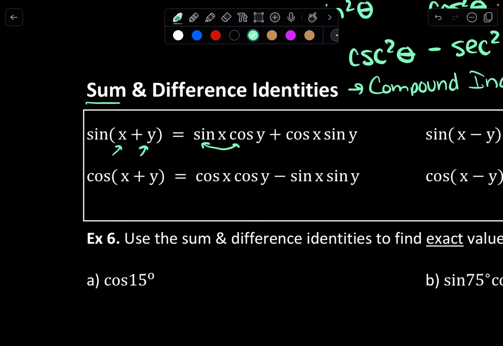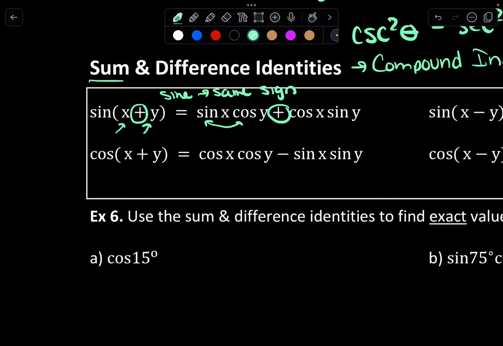And then also, notice that when we are taking the sum of these two angles, and the expansion, we are also taking the sum of those two terms. So sine means you have the same sign. Sine, same sign. Now, if we look at the sum identity for cosine, we are taking the sum of two angles. And if you notice in the expanded portion, it is paired with itself.